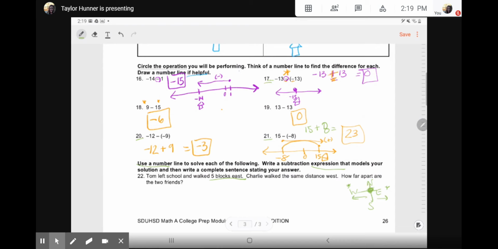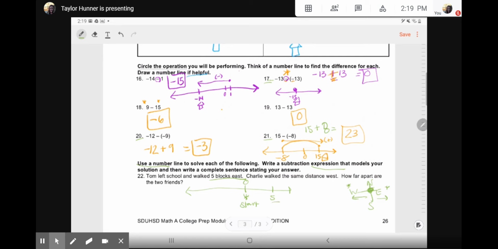Okay, so let's say that Tom walks 5 blocks east. So let's say that I'm going to start here, and we're just going to label that as 0. So Tom walked east, so we end up at 5. Charlie walked the same distance west.